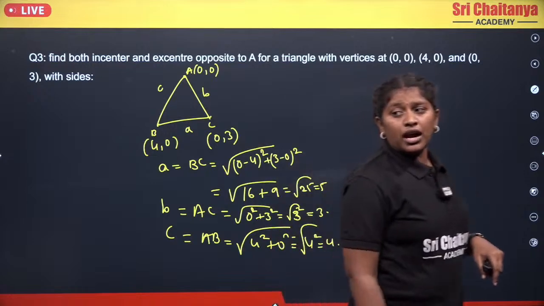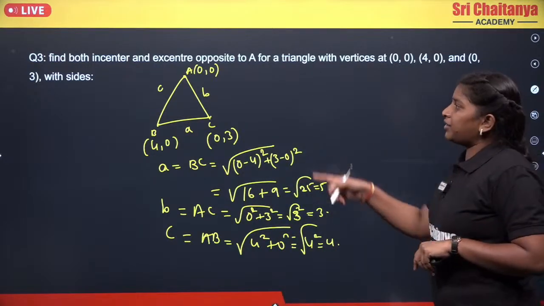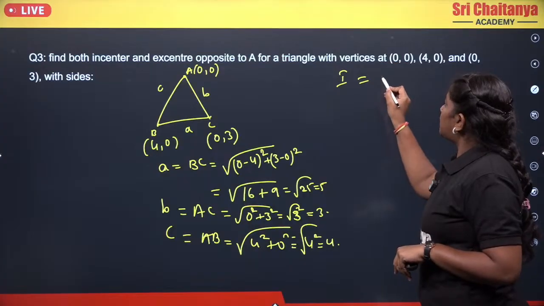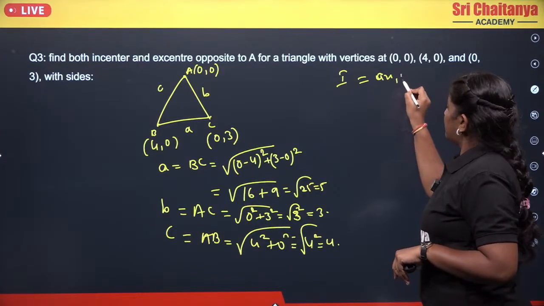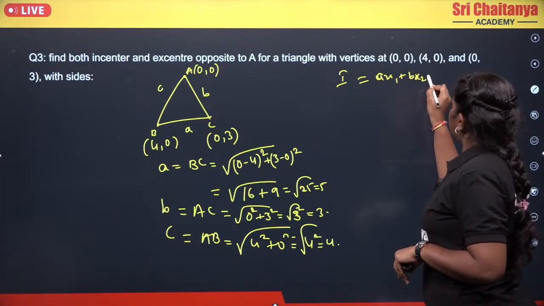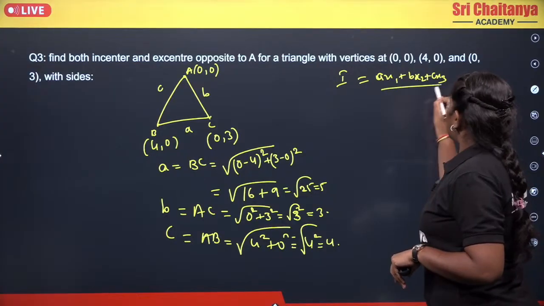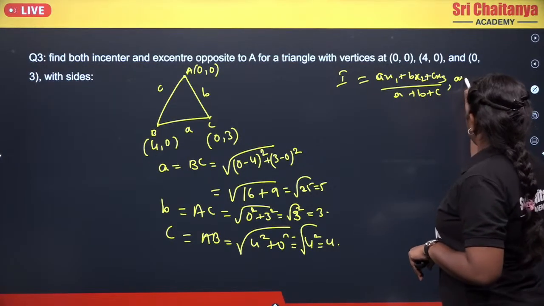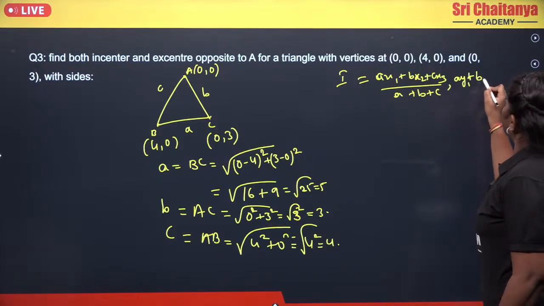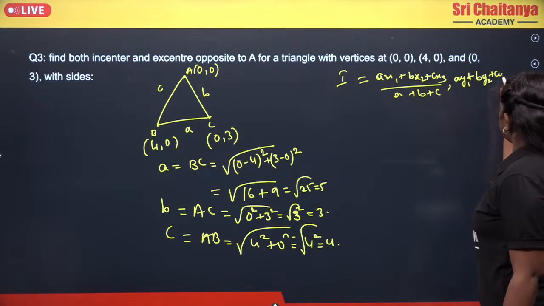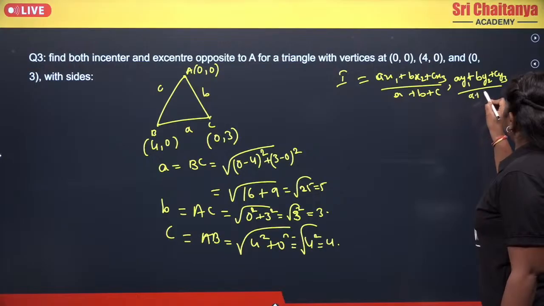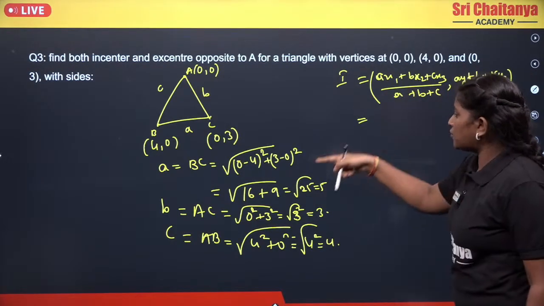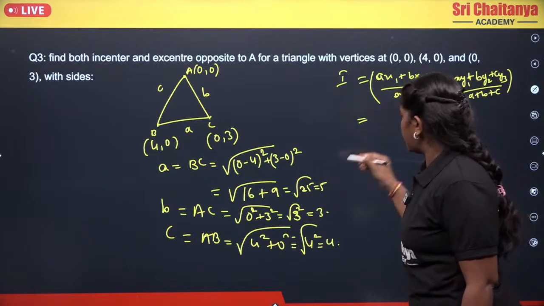Okay, so we got our a, b, c values, and we need to find the incenter and excenter. What is our incenter? That will be (a x1 plus b x2 plus c x3) by (a plus b plus c), and next (a y1 plus b y2 plus c y3) by (a plus b plus c). We already know a is 5.